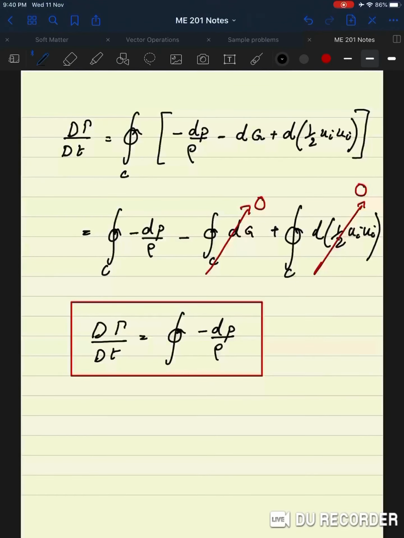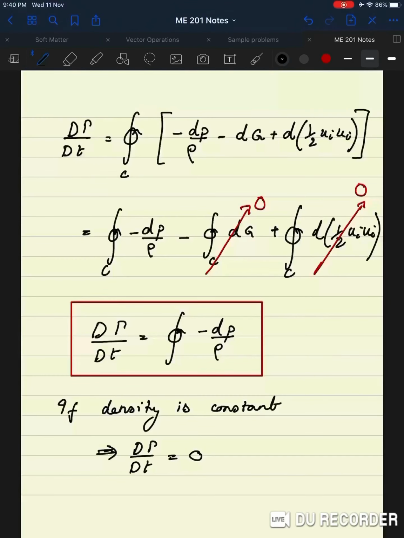Okay. Now if density is constant, then this quantity is going to be 0.